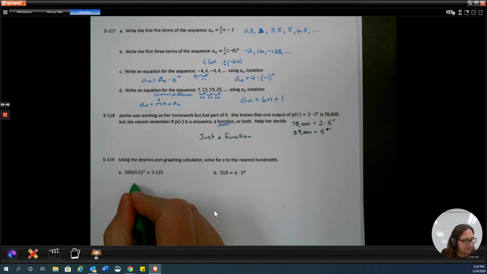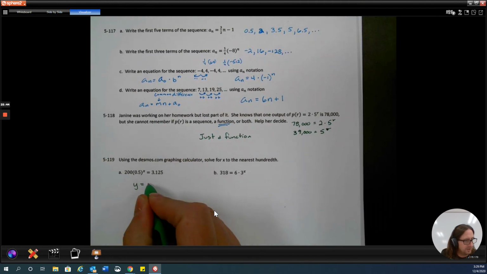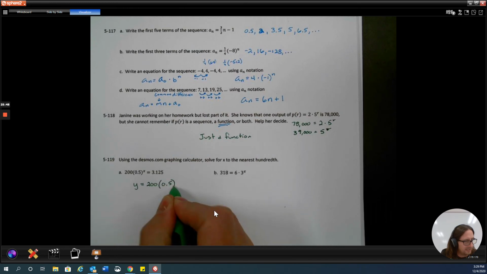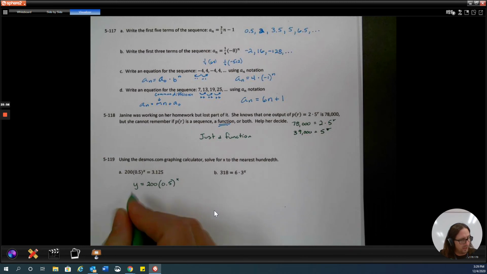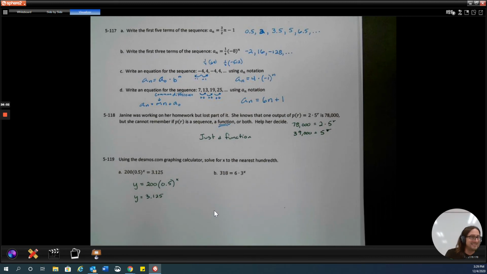So this is like having the function y equals 200 times 0.5 to the x power. Okay, so what we're going to do is plug in Desmos, find out where y is equal to 3.125, and then see what the x value is right there.